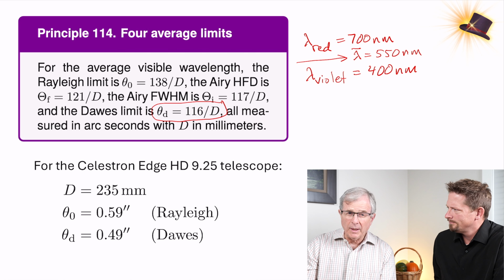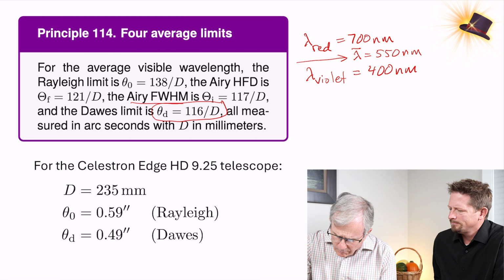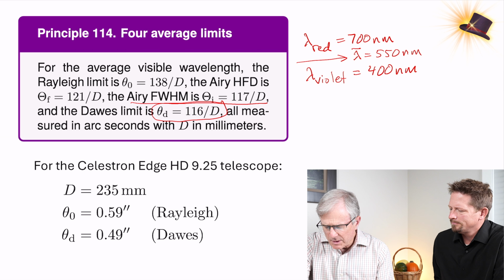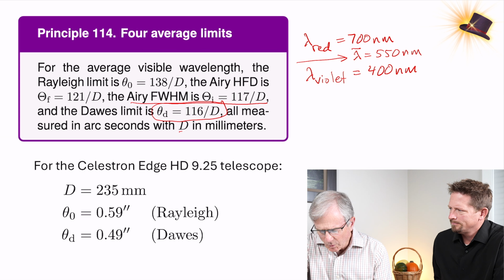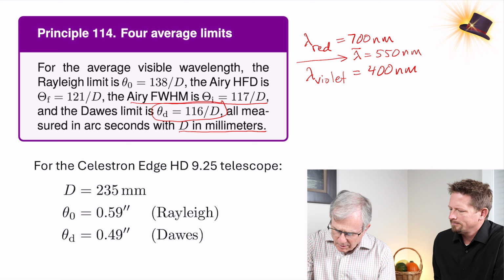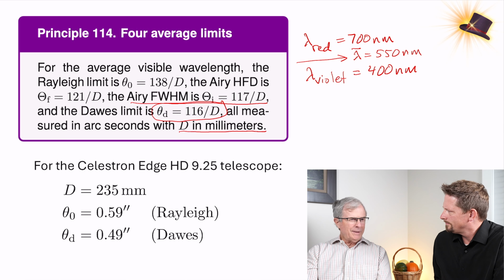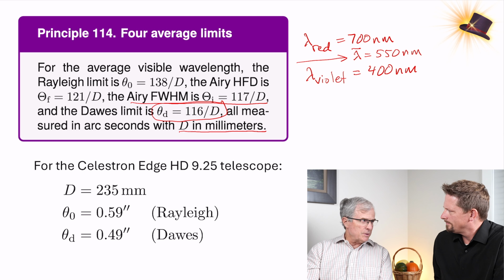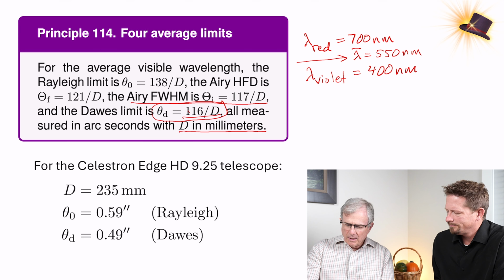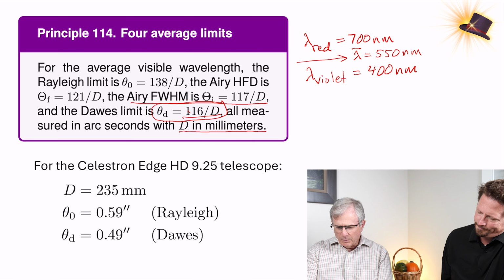And we go through this in detail in the book. The full width at half max is 117 divided by D, where D is measured in millimeters. The Dawes limit, he put it in for a telescope diameter in inches. If you just convert that to millimeters, which is what we usually use today, then you get 116 divided by the diameter measured in millimeters.